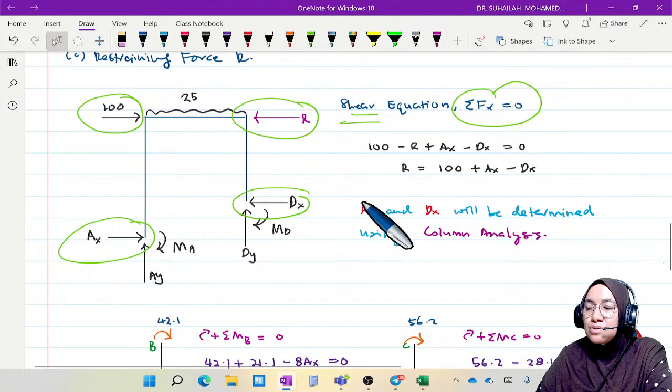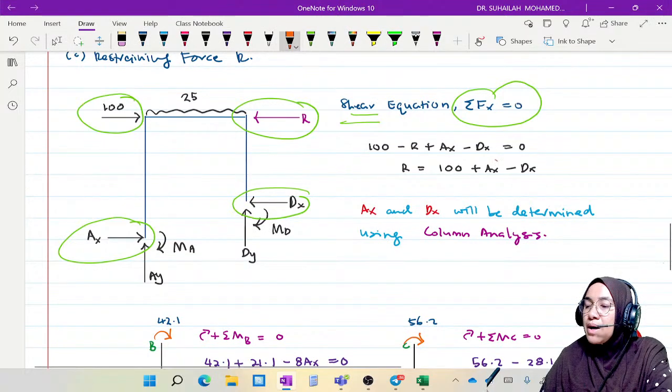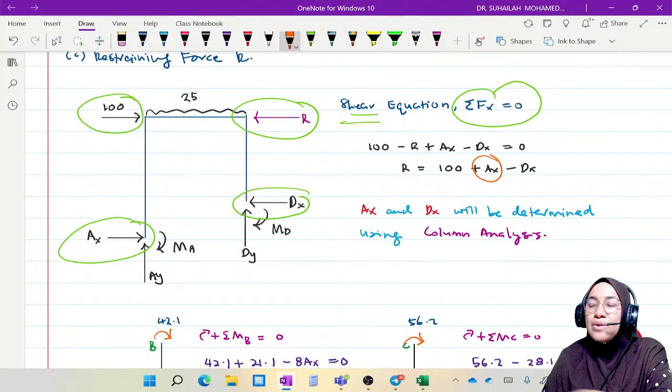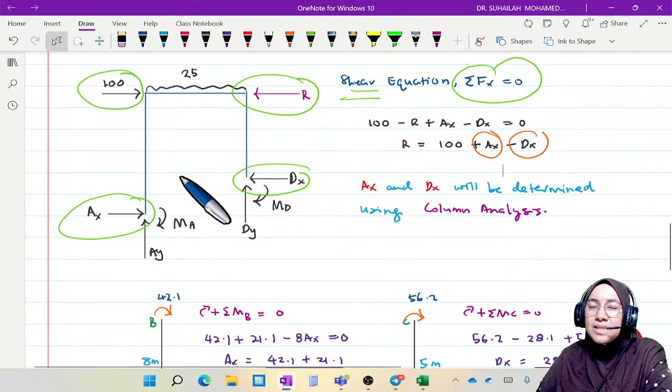Now in this equation we have two unknowns. Unknown number 1 is Ax, unknown number 2 is Dx. This means we have to analyze column AB for Ax and column CD for Dx.